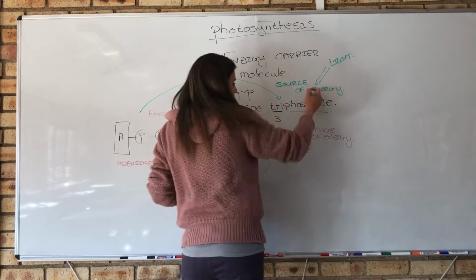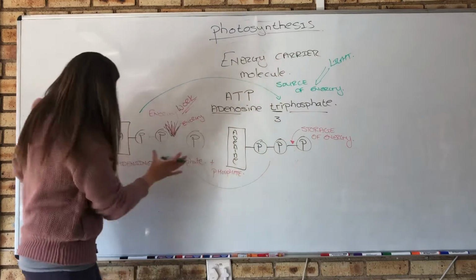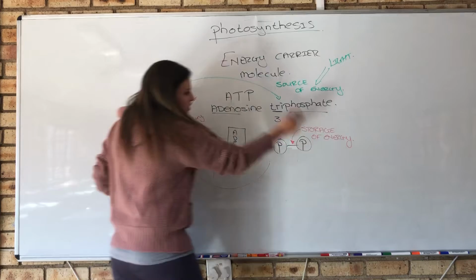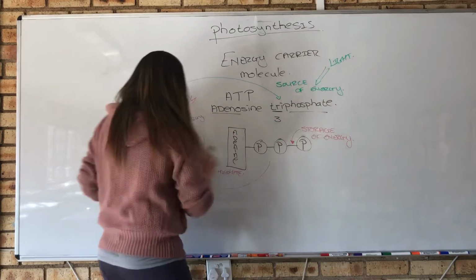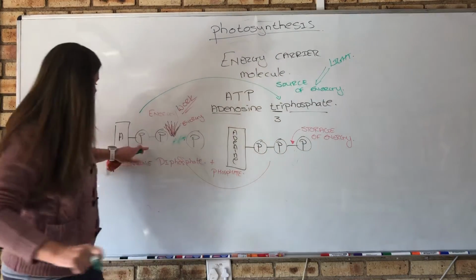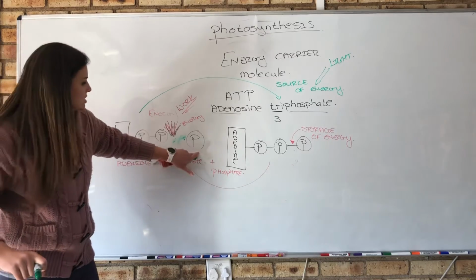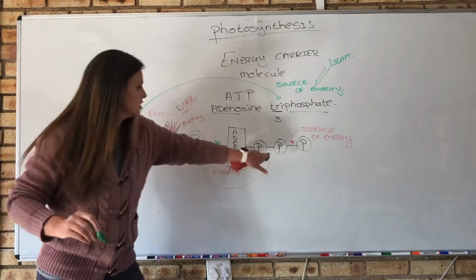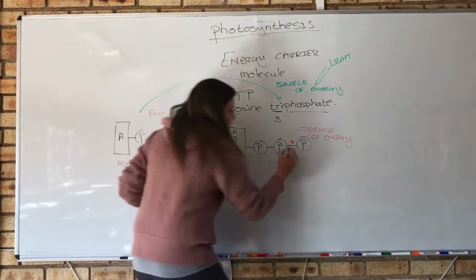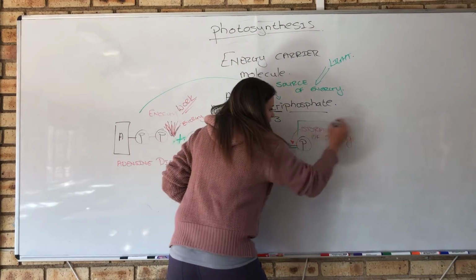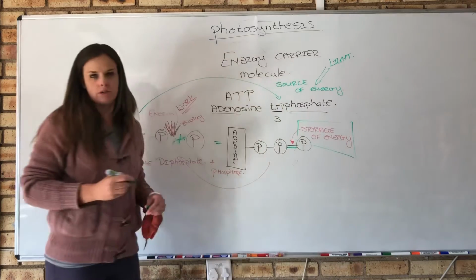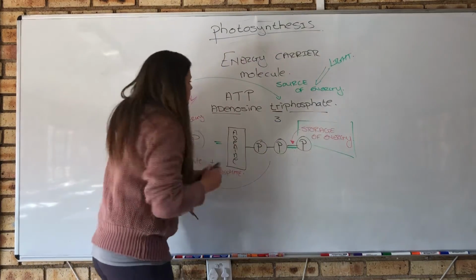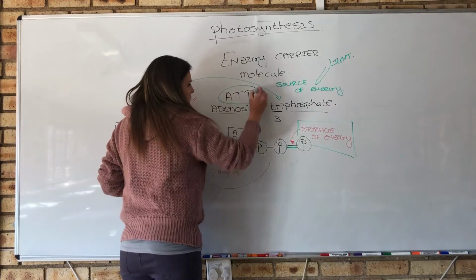So when we get light, we can use the light to take ADP and bond that phosphate back, forming ATP. Adenosine diphosphate plus its phosphate molecule becomes adenosine triphosphate, and in this last bond we have a storage of energy.